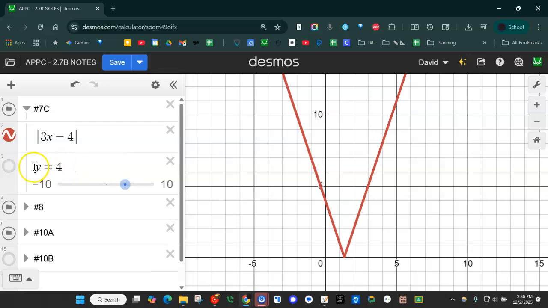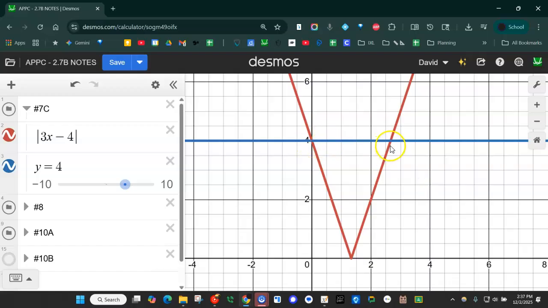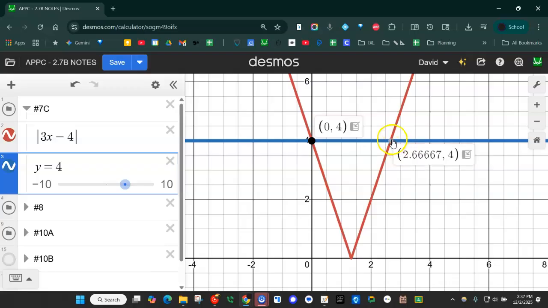And if I want to know where it equals 4, graphically that's where these lines intersect. So you can see there clearly should be 2 answers. When you're doing this algebraically, you should have these 2 x values. One is 0, and one comes out to 2.6 repeating.